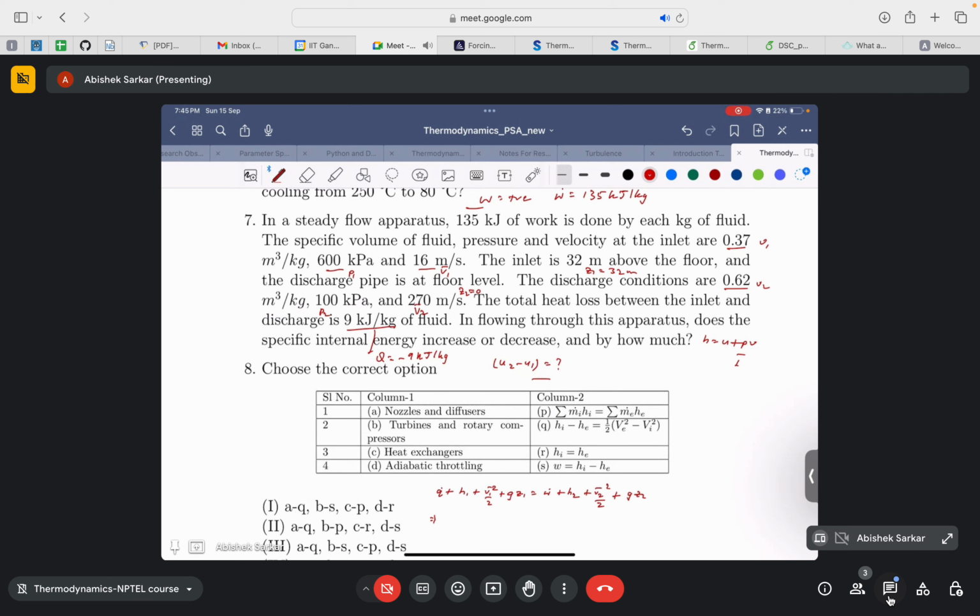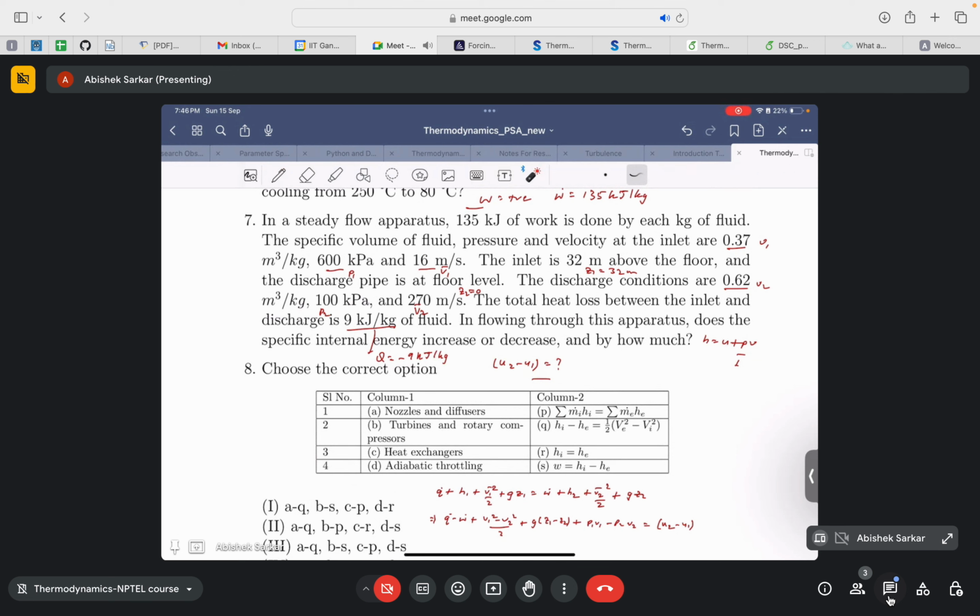So let me write it in this way. q dot minus w dot plus v1 square minus v2 square by 2 plus g into z1 minus z2 plus P1 V1 minus P2 V2 would be equal to U2 minus U1, and this is what you need to find.